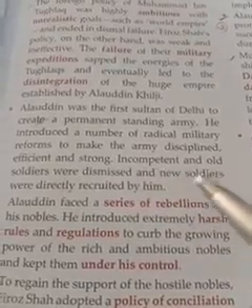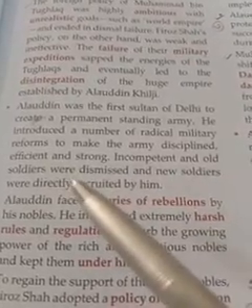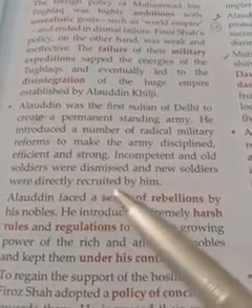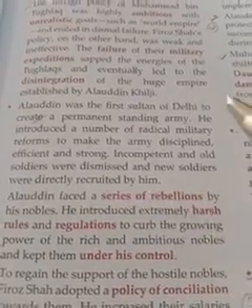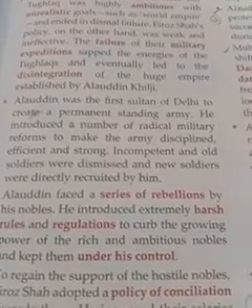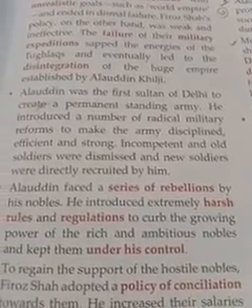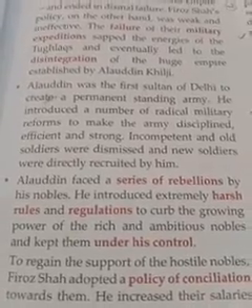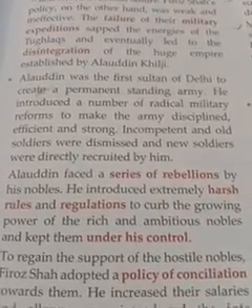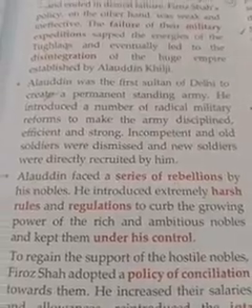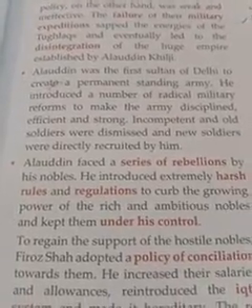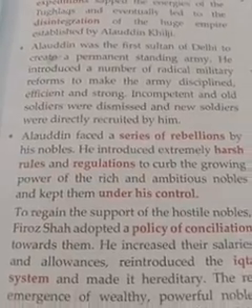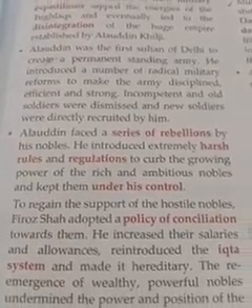Incompetent and old soldiers were dismissed and new soldiers were directly recruited by him. Means Alauddin Khilji was quite aware that old soldiers may not execute their duties as well as young soldiers. So he directly recruited the soldiers and made them active.